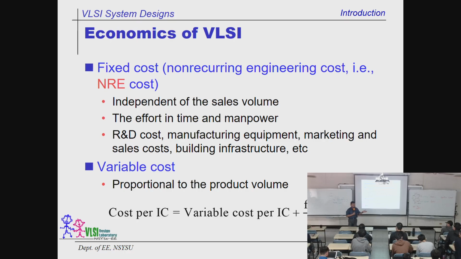This is just a DC value. You have to pay anyway, no matter whether you stay in that room or not. So it's independent of the sales volume. It's nothing to do with selling one chip or a million chips. It's a basic expense you have to pay.